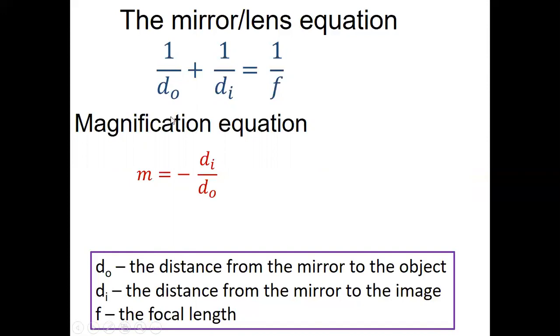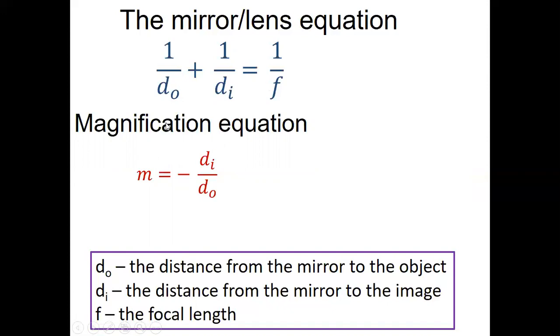We call this the object distance. Then plus 1 over d_i, that's the distance from the mirror to the image. So you are measuring the distance to the image from the mirror or from the lens. And 1 over f, where f is the focal length of the mirror or the lens.